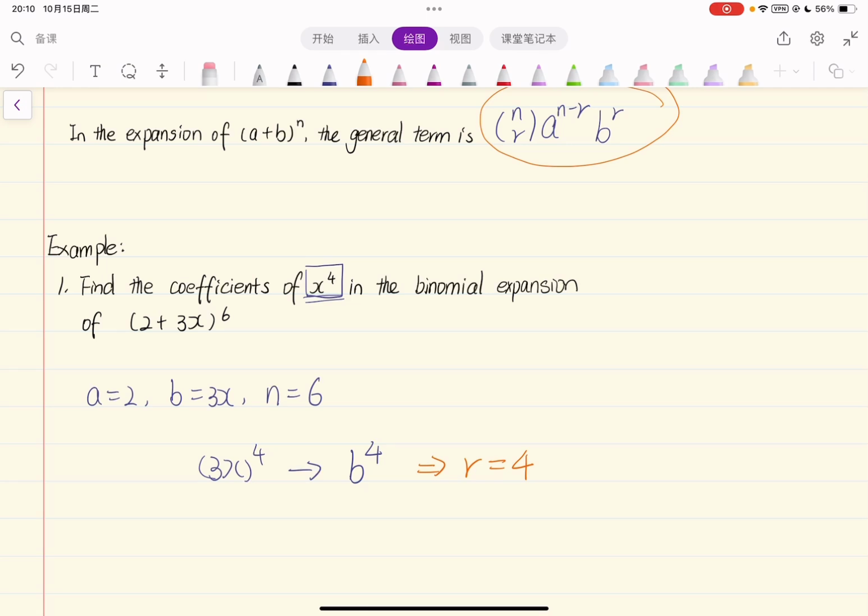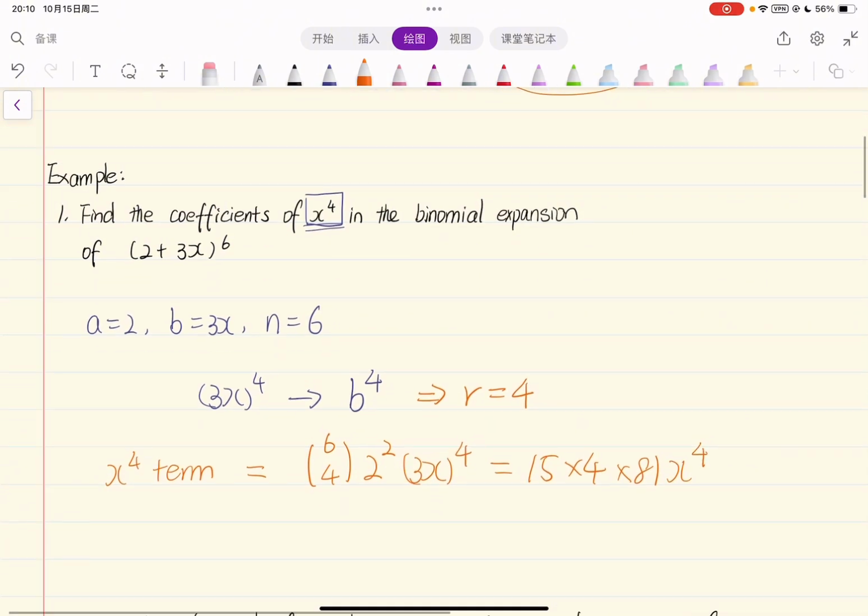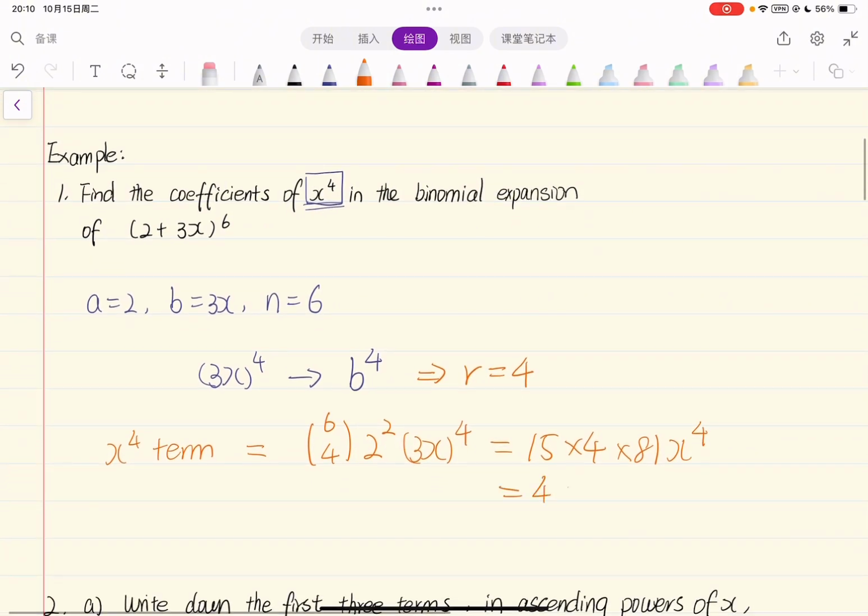So we have the x^4 term equals n choose r, that is 6 choose 4, times a, 2, to the power of n minus r, that is 6 minus 4, that is 2, times b^r, that is (3x)^4, equals 15 times 4 times 81 x^4, equals 4,860 x^4.